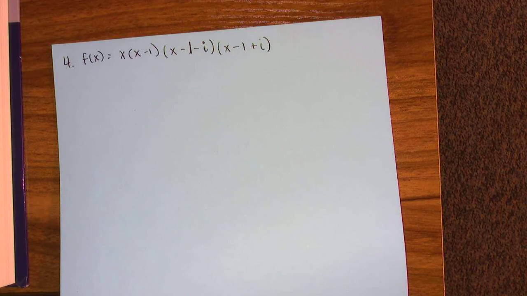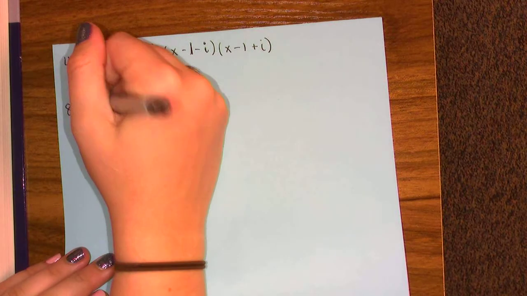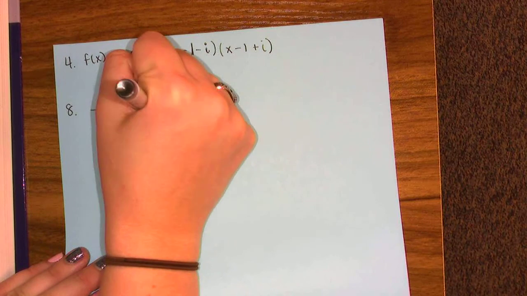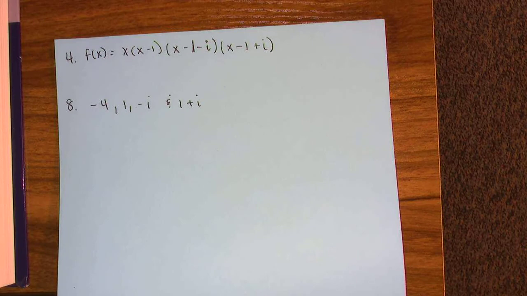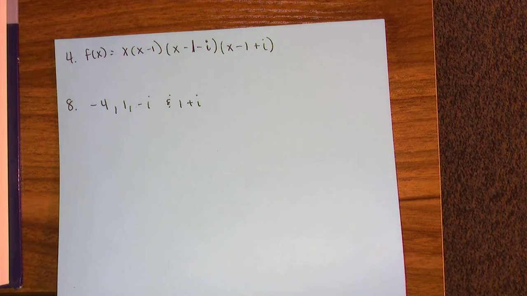So, let's look at 8. -4, 1, -i, and 1 plus i. So, if these are my zeros, how would I set this up? Or what do I know about these?